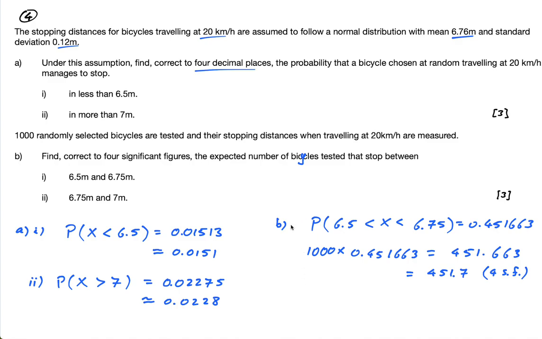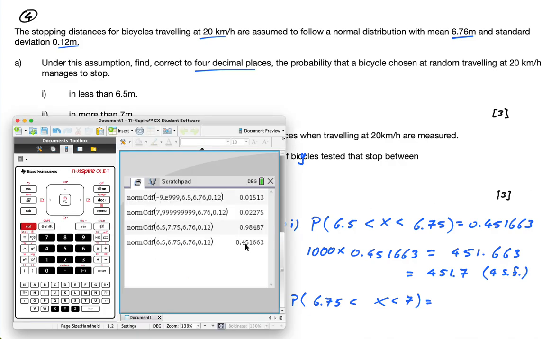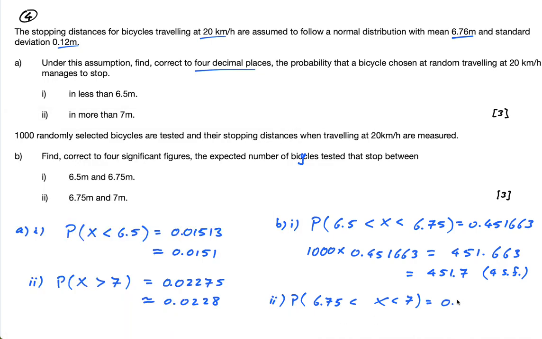Second one, I'm just going to do it the exact same way. This is now the probability that x is between 6.75 and 7. So same thing here, guys. I'll just copy this. 6.75 and 7. 0.510457.